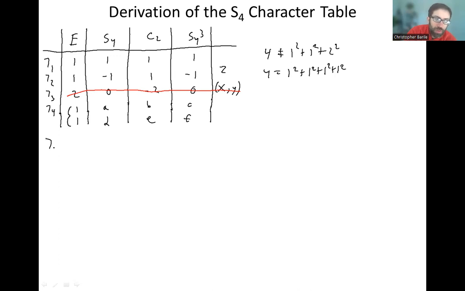So gamma 1 dotted with gamma 4 will be equal to 0. Another way of writing that is that gamma 1 is 1, comma 1, comma 1, comma 1. And gamma 4, this first component here, is 1, A, B, C. So that must equal 0.